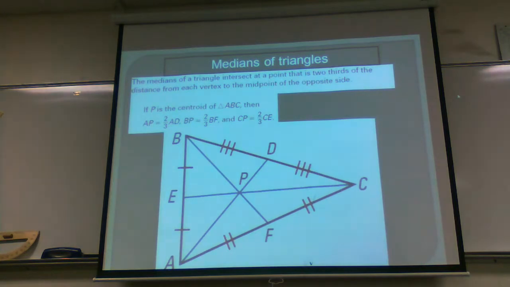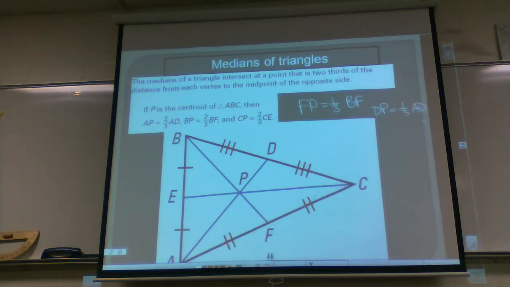So if you would rather write this out as something like FP equals 1/3 BF, and then EP is 1/3 AD, and EP 1/3 EC.